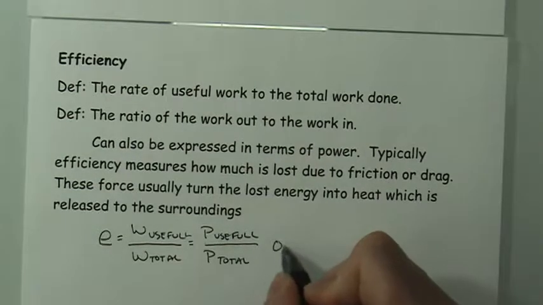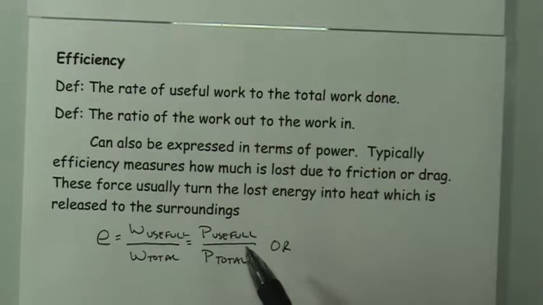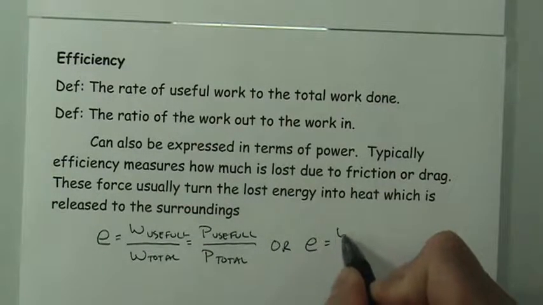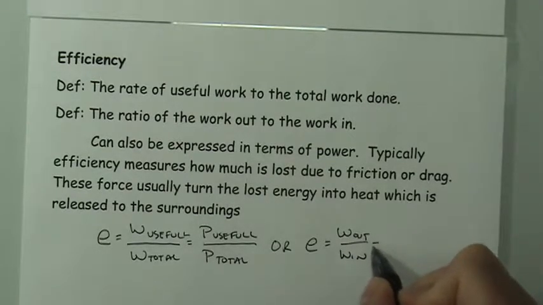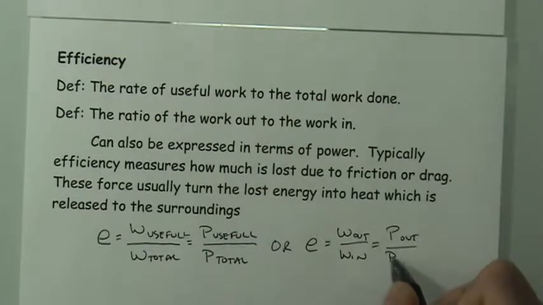Okay, but in a more practical sense, I really won't usually write it like that, partially because it's a little bit wordier to write. What I'm going to say is that the efficiency is equal to the work out over the work in, or alternatively, it's equal to the power out over the power in.